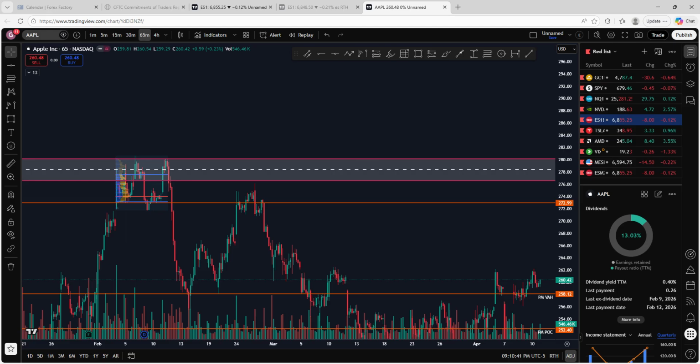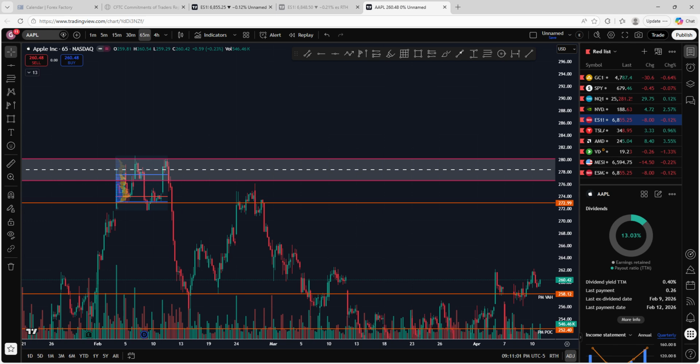And again, I look for what has this level accomplished. That's a big factor that a lot of people overlook. If you just go and look for low volume nodes, you're ultimately going to end up taking unnecessary losses.